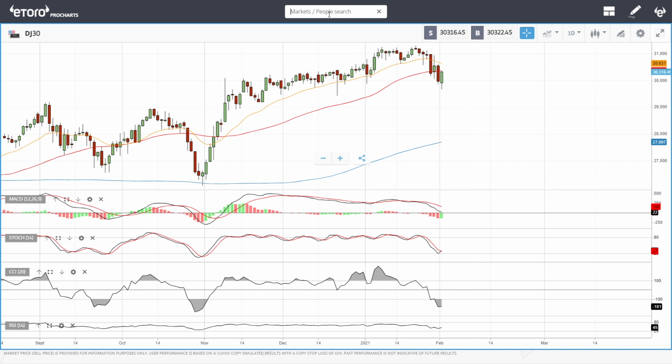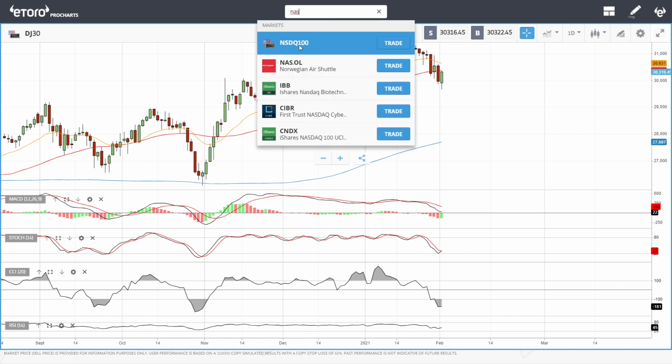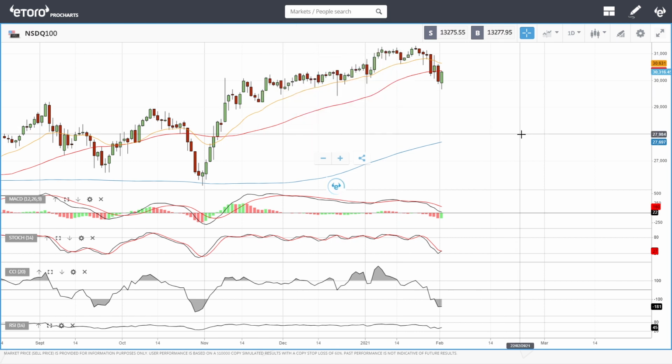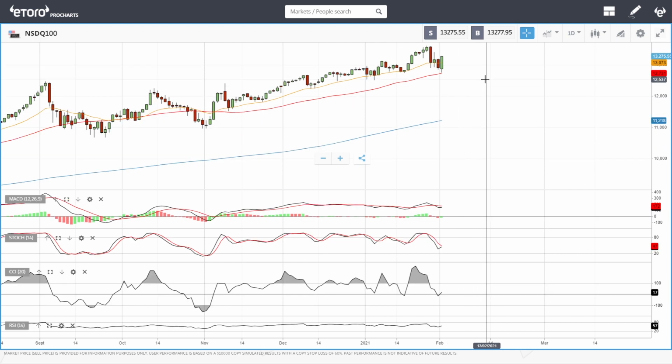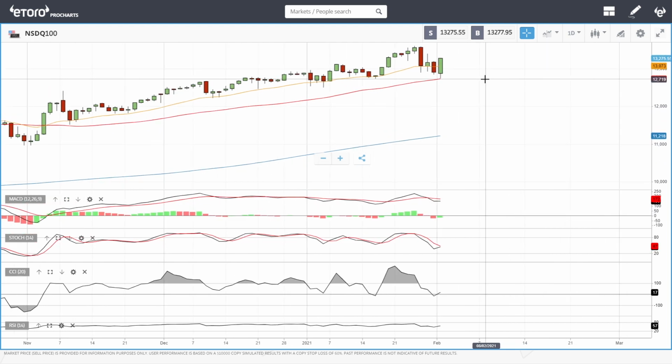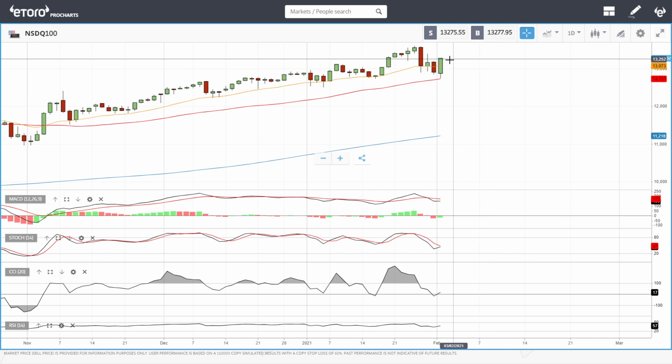So let's look at the Nasdaq. We did a fairly nice trade in the Nasdaq. It has rallied above 3% today. I am expecting a pullback towards the 20 exponential later on, probably in the Asia session, and then you can basically re-enter this. So probably a pullback towards 13,000. That is what we are going to witness.